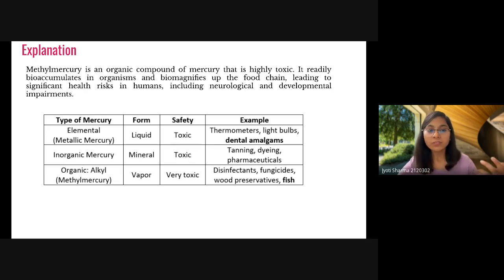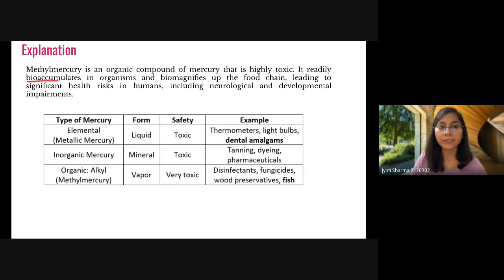And also this methyl mercury is present in the fish, and that is the only reason that we are having the smell that we have in beaches or in the area where we are selling the fish. So this is methyl mercury. I'm just reading the content written here. So methyl mercury is an organic compound of mercury that is highly toxic. It readily bioaccumulates. So why is this very toxic? Because it can bioaccumulate.